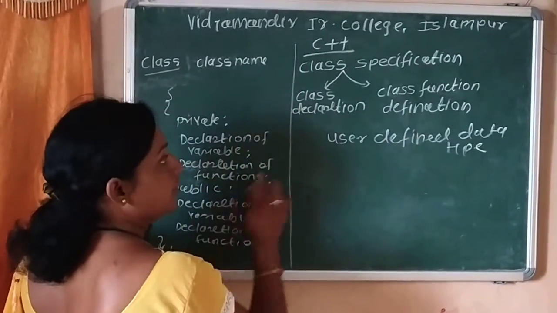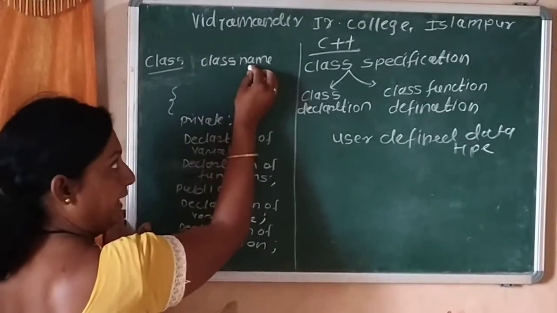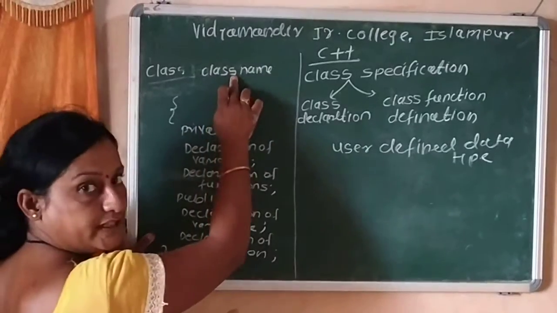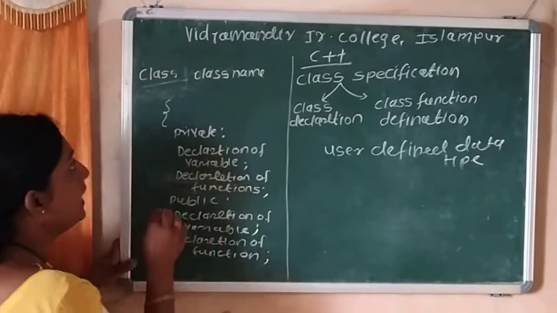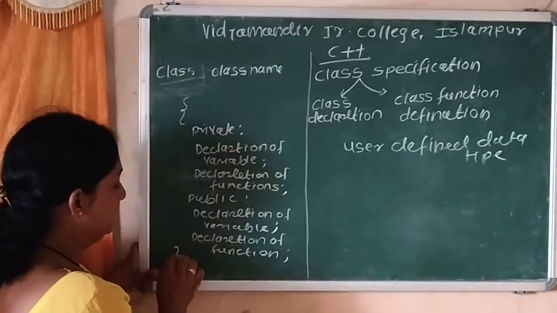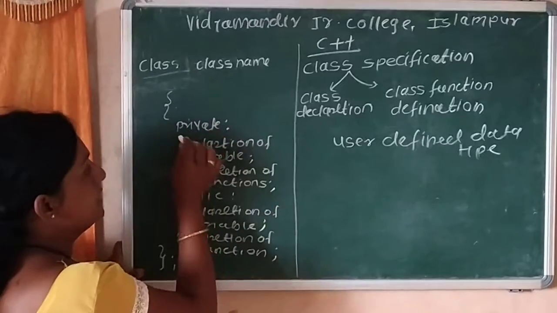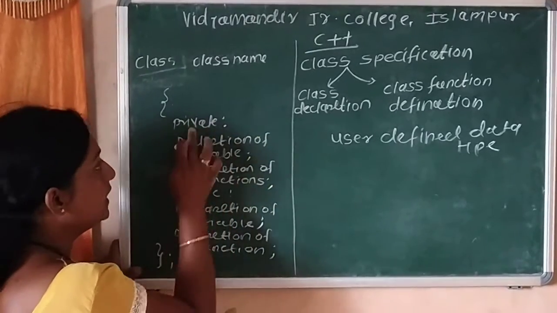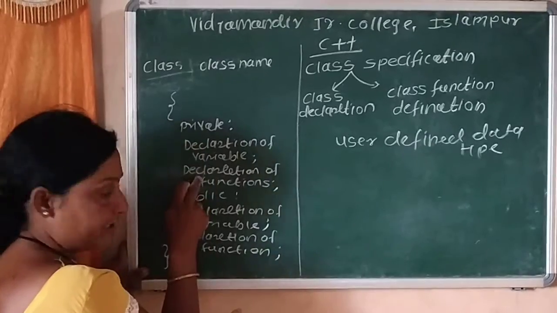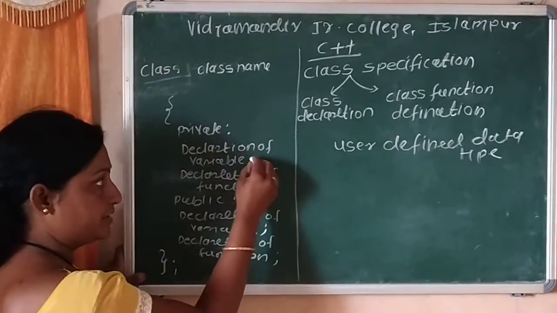The syntax of the class declaration is: the class keyword, next is the class name, and the class declaration is defined within curly brackets. First is private colon, after that the declaration of variables in the private section, next the declaration of functions in the private section.